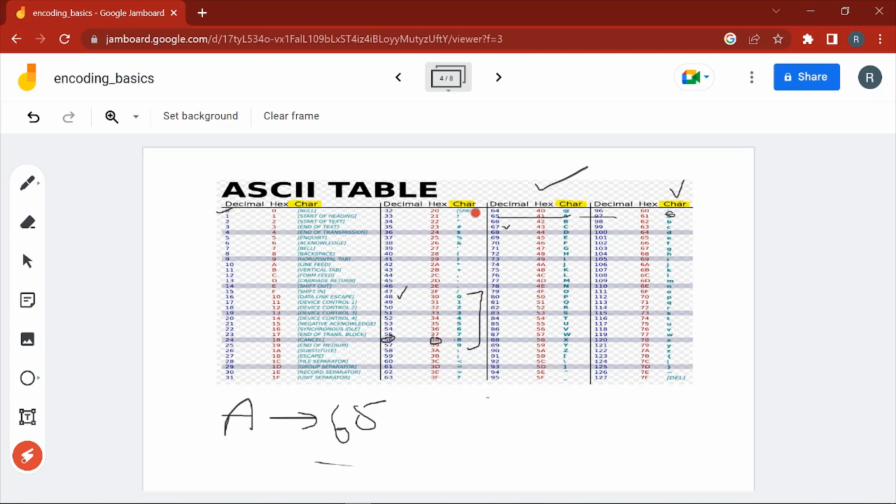How many code points are present in this character set? 128, from 0 to 127. These are the code points you can see, against particular characters. Like 0 is the code point against null. You can see this plus, 43. 43 is the code point against plus.